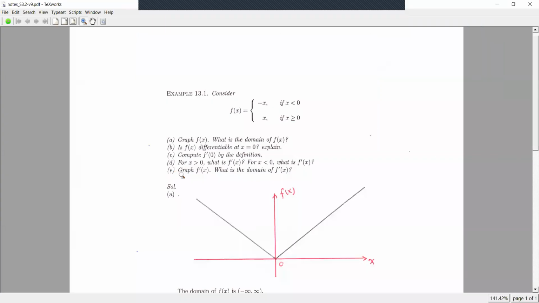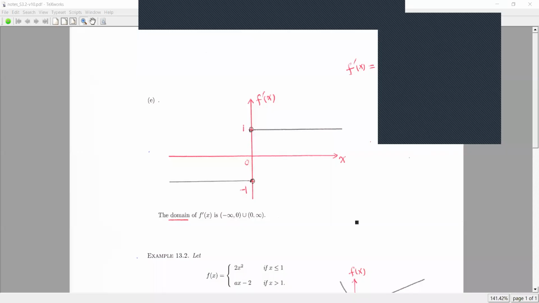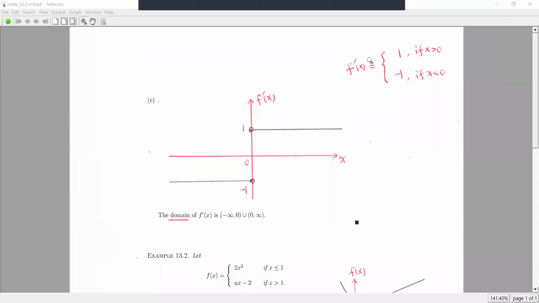Part E, graph this function. What is the domain of this function? From part D, we have when x is positive, the derivative at x is +1.